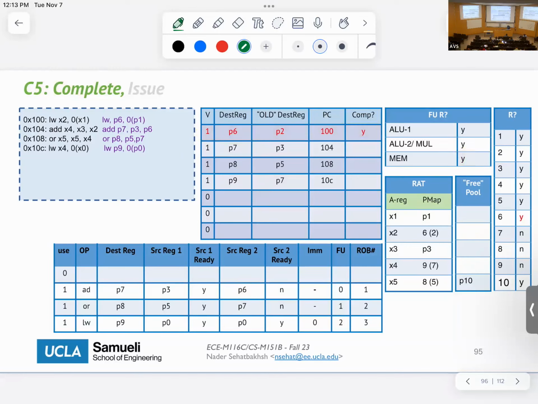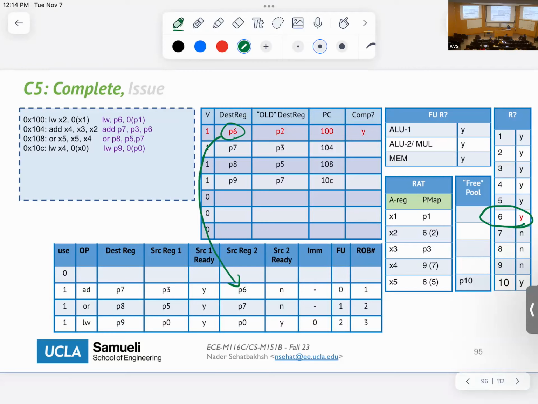So the important thing happening here is that now I mark P6 ready, okay? And one thing that I'm not showing here is that I need to update this value here. I go through the reservation station and update that value from the ROB to the reservation station. This is exactly the same thing that we were doing for forwarding in our pipelined processor. Remember that we had the data in our ALU, and then we were forwarding that data from the end of the ALU or the beginning of the mem stage into the ALU sources.